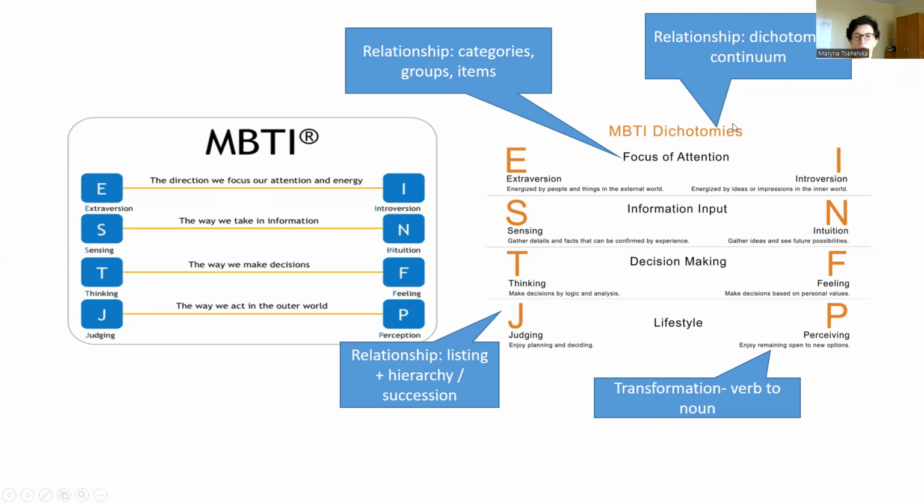And when we describe this table, of course, we can talk using the transformations. So even these two tables present the transformation. For example, we can say that the first category is the focus of attention, or we can transform and say in the first category, the test presents the direction in which we focus our attention and energy.